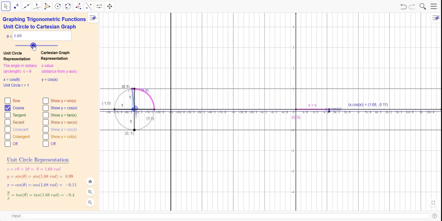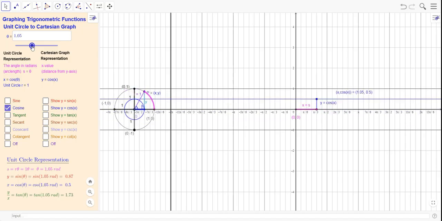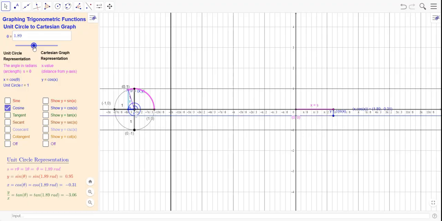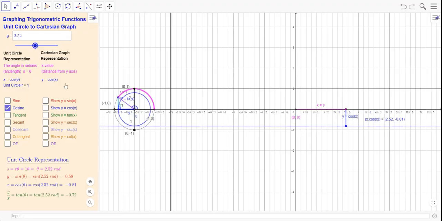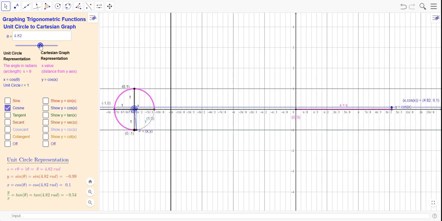And so it starts coming down, it hits 0 when we get to pi over 2, and then goes into the negatives when the terminal side is in the second quadrant, working its way from 0 down to -1 at pi. Now, still negative here, working its way back up to 0 at 3 pi over 2, and then back positive, working its way back up to where we started at 1. And then it repeats the whole thing over again.